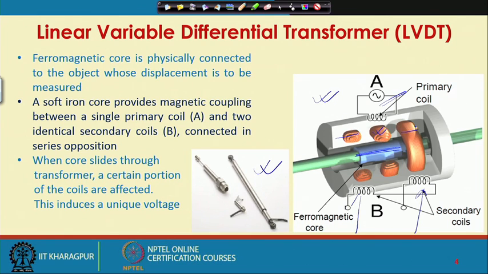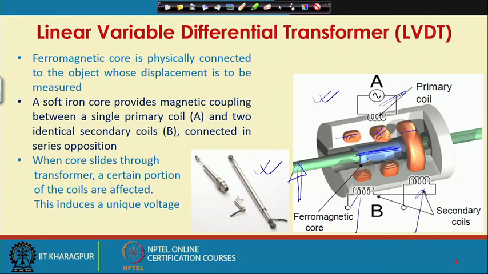The object whose displacement needs to be measured is physically connected to this core. With the motion of the object, this core will have a movement.